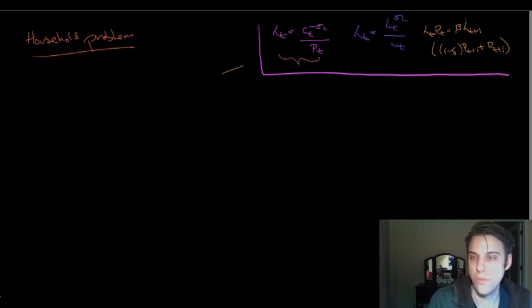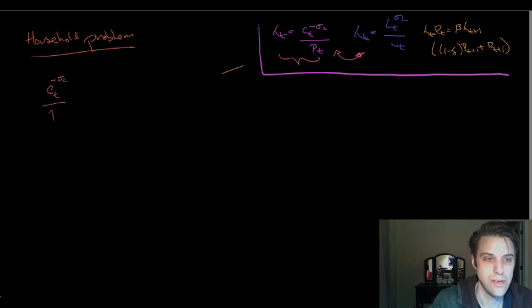And we're going to put these two together. So we'll end up with Ct to the minus sigma c divided by Pt is equal to Lt to the sigma L divided by Wt. And let's take the prices to this side and take the consumption to this side. Because there's a minus sign here, right?